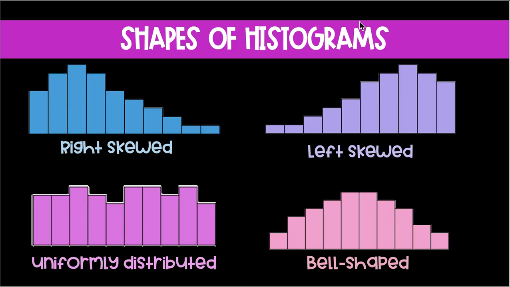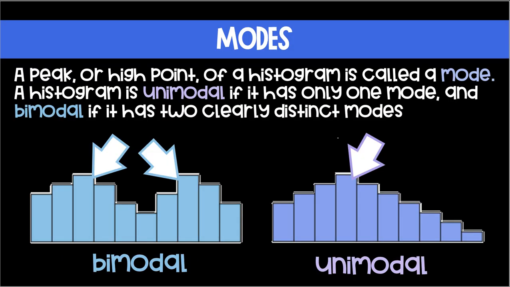These are the 4 common shapes that our histogram could have: right skewed, left skewed, uniformly distributed, and bell shaped. There's also 2 more, but these are variations of the same shapes.